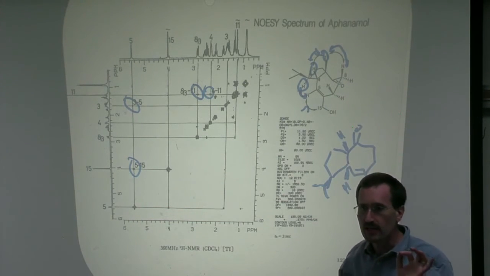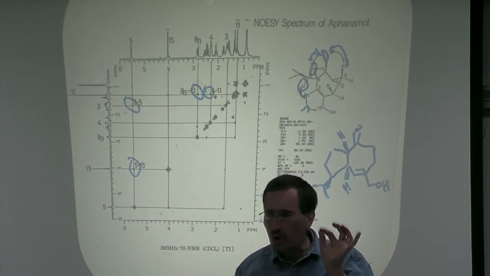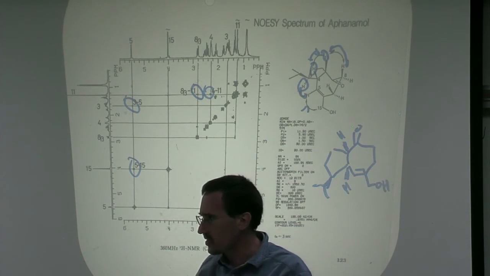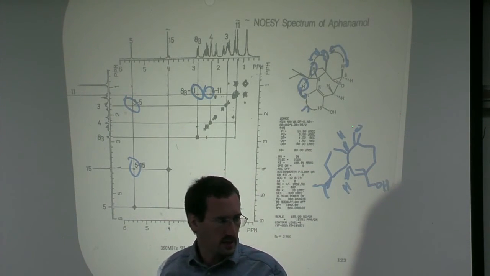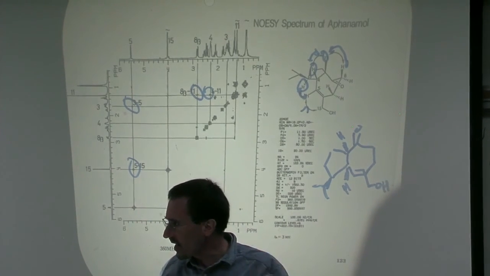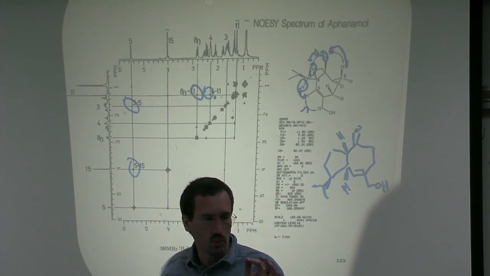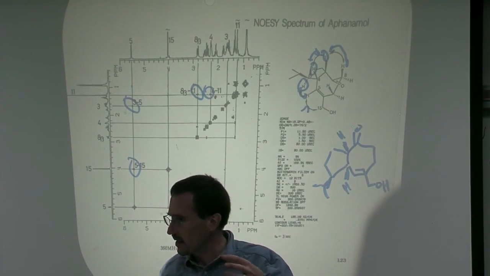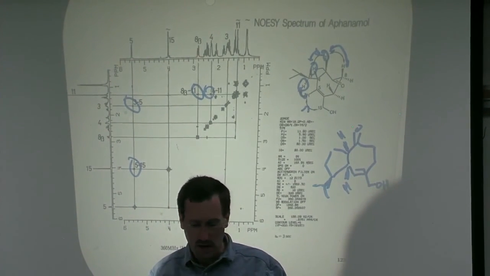Is everything consistent with this model? Could there be any other stereochemistry which could be consistent with the data? Could there be any other conformation that could be consistent with the data? And that's one of the reasons why modeling and NMR work so well together.